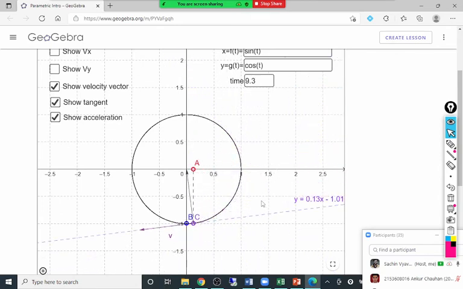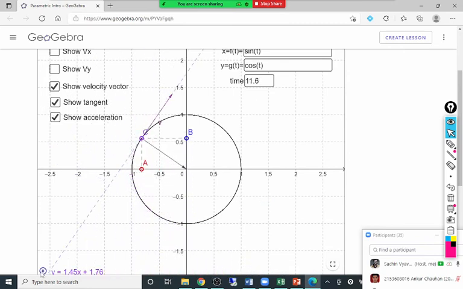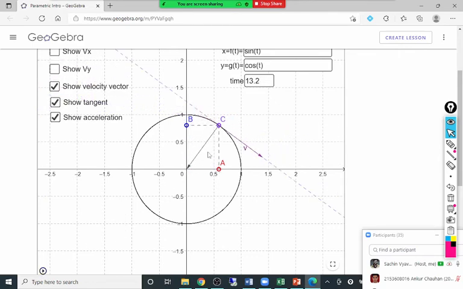So that is about the velocity and acceleration at any particular instant; you just have to pause it. If I pause here, at this instant the particle is at point C, this is the acceleration vector and this is the velocity vector. That is about the standard circle curve.